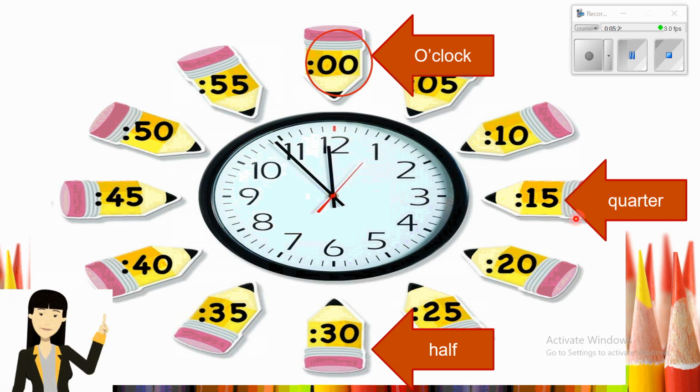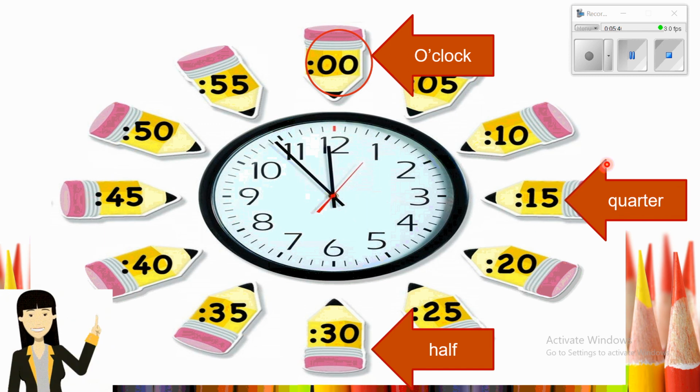Quarter has a mirror. Imagine this is a mirror here. If I'm calling this a quarter past, the other side is a quarter too. So they are friends together. On the right, it's a quarter past.